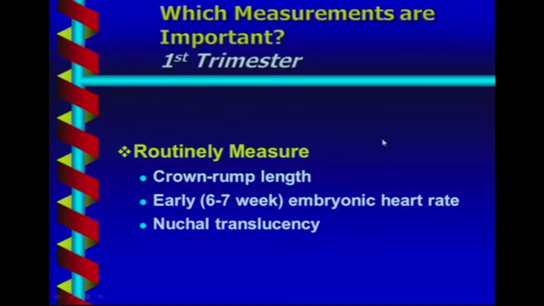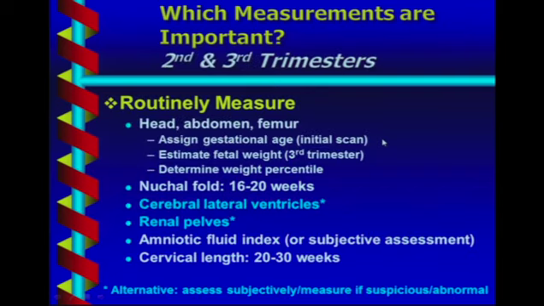Routinely measure the crown rump length, the early embryonic heart rate at 6 to 7 weeks, and the Nuchal Translucency. In the second and third trimester, we routinely measure the head, abdomen, and femur. We assign gestational age at the time of the initial scan, estimate the fetal weight in the third trimester, and determine the weight percentile.